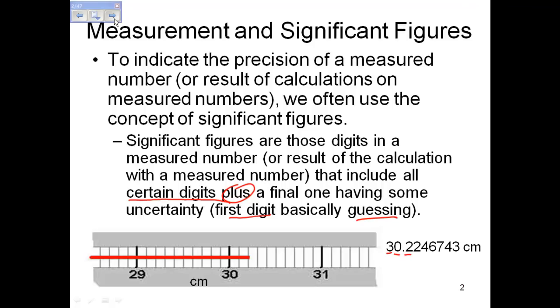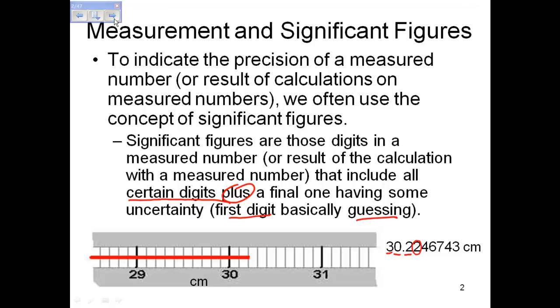Are we certain that that line is greater than 30.22 centimeters? Right there, I would have to say no. I'm saying that it's 30.22. That 0.02 is a guess. You might have seen it as 30.23. Somebody else might have seen it as 30.21. We're basically guessing at that hundredth place.